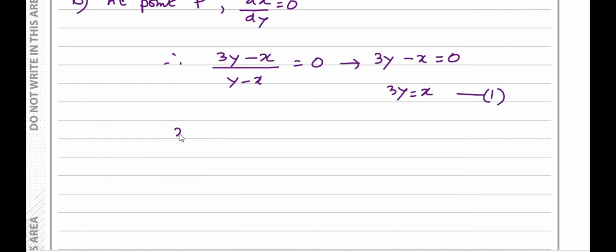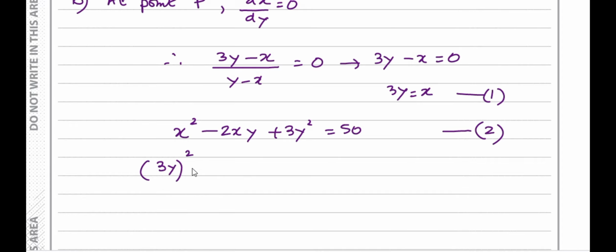So let's write that as x squared minus 2xy plus 3y squared is equal to 50 as equation 2. If I plug in 3y is equal to x into this, I'll be able to solve for either y or x. So instead of x squared, we write (3y) squared minus 2 times 3y times y plus 3y squared is equal to 50.